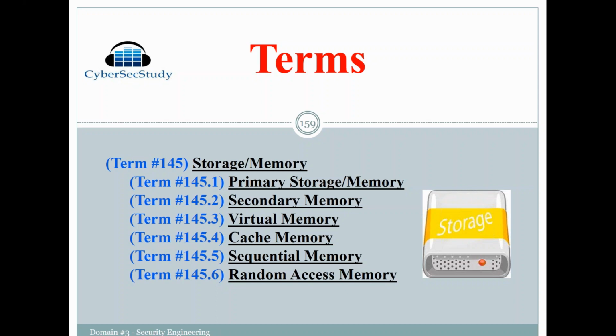Cache memory is actually a component of the CPU, so that's inside the computer and directly accessible to the CPU. Secondary memory is not directly accessible by the CPU. The computer uses input-output channels to access it, for example, hard drives or flash memory. And then virtual memory is memory created by using the hard disk to simulate additional RAM.